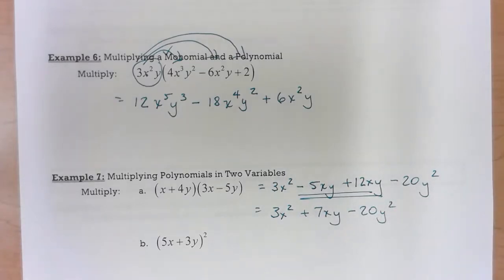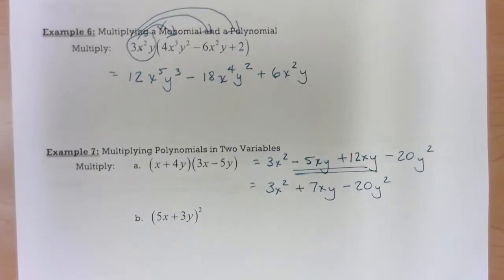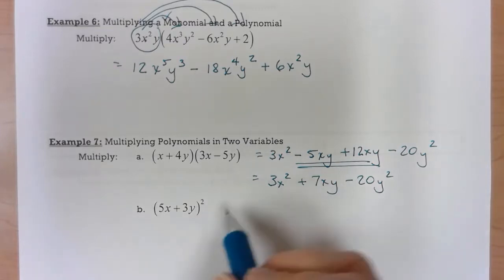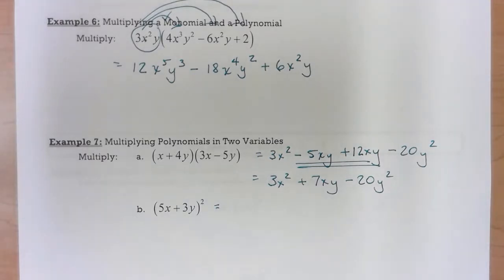There. Now I want you to pause me and you do the next one, either by writing this out twice and foiling or using that formula that we've got. So it's up to you. I don't care which way you go. So pause.